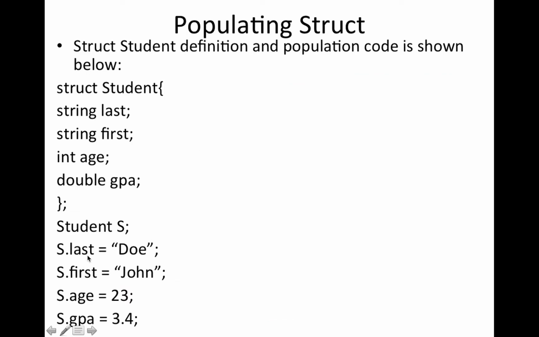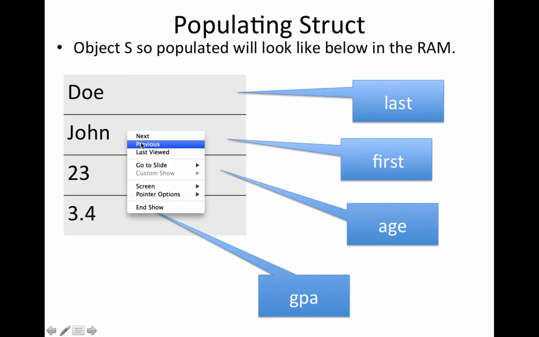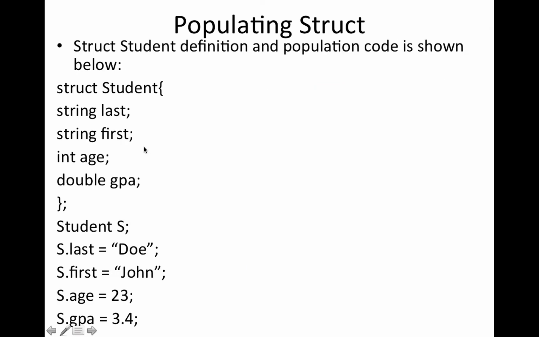Then if I do S.first, I get access to the first name field and set John in there. Then the first name field inside the RAM looks like that. And if I say S.age, I get access to the age field, the age member.